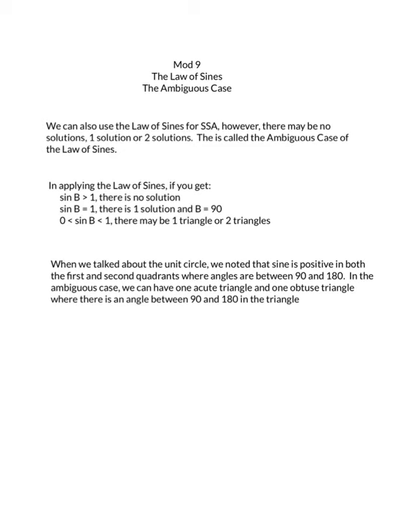In the second quadrant, the angles are between 90 and 180 degrees. We can have angles like that in a triangle. So, in the ambiguous case, if you have two triangles, we can have one acute triangle and one obtuse triangle, where there is an angle between 90 and 180 degrees in the triangle.